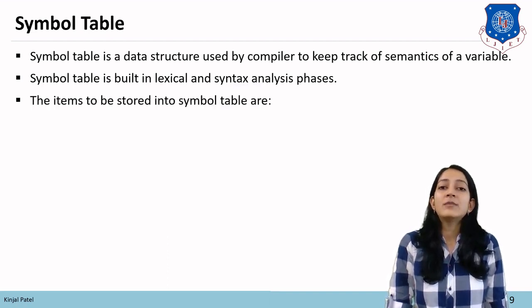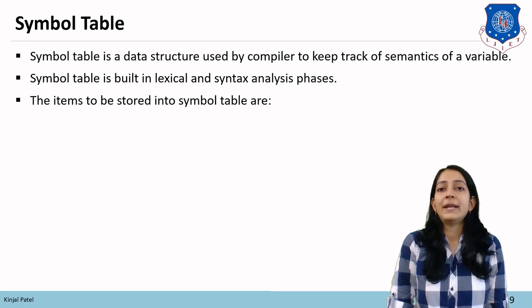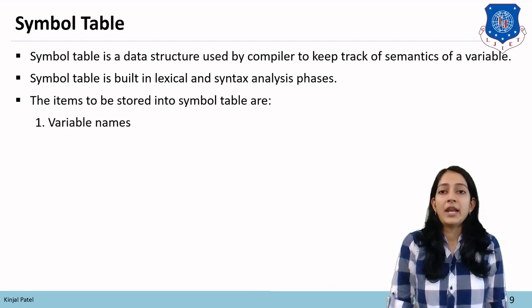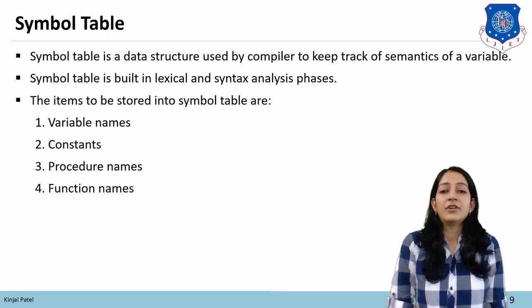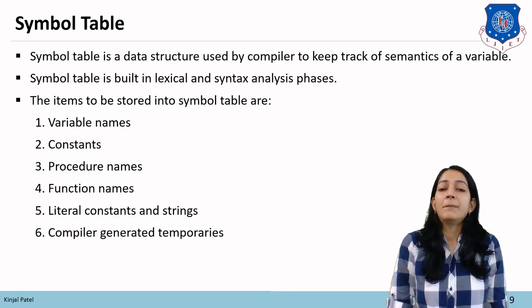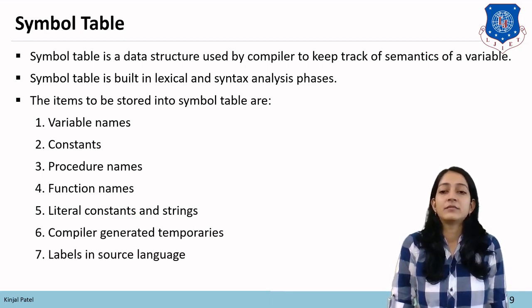So the items to be stored in symbol table are variable names, constants, procedure names, function names, literal constants and strings, compiler generated temporaries, and the labels in a source language. So these are the information which we can use in a symbol table to store.